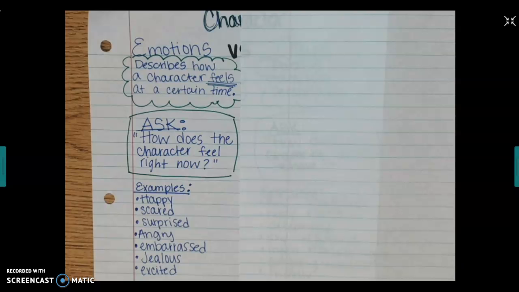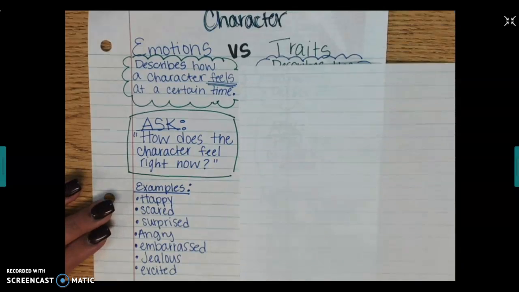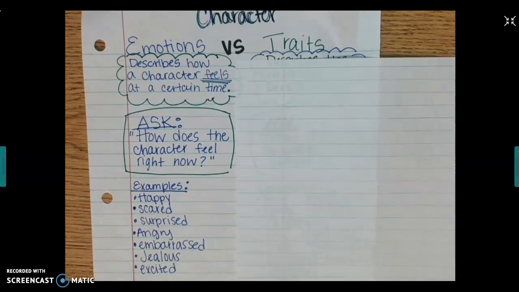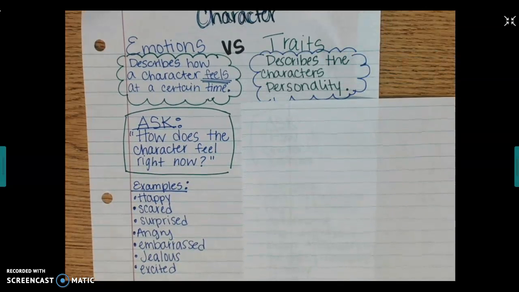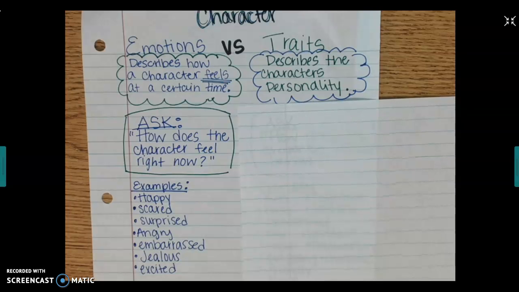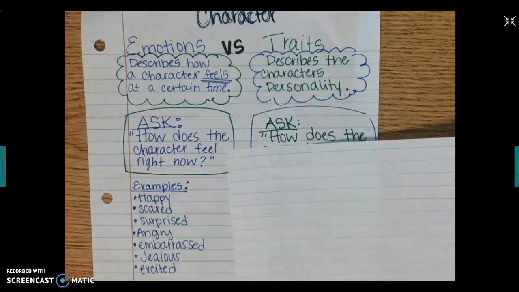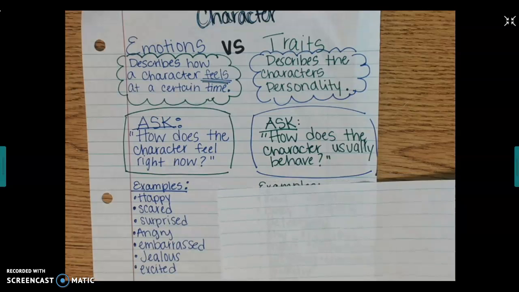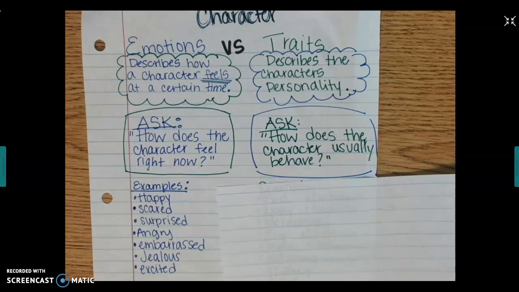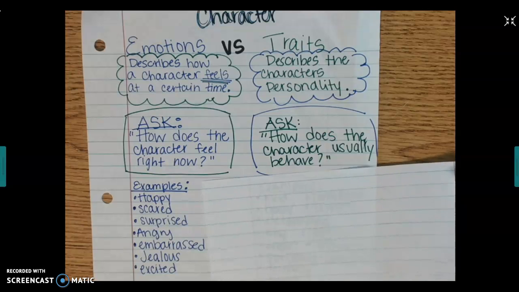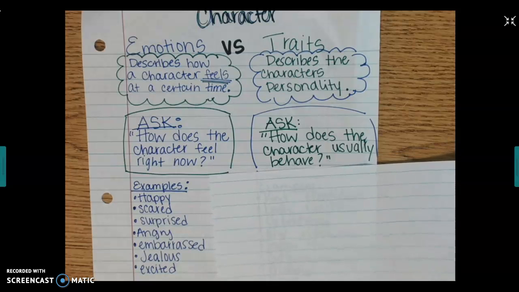Next, I'm going to look at what my traits are. So traits, they're going to describe the character's personality, okay? And the one question I need to consider is, how does the character usually behave? This has to do with the behavior, not how they're feeling.